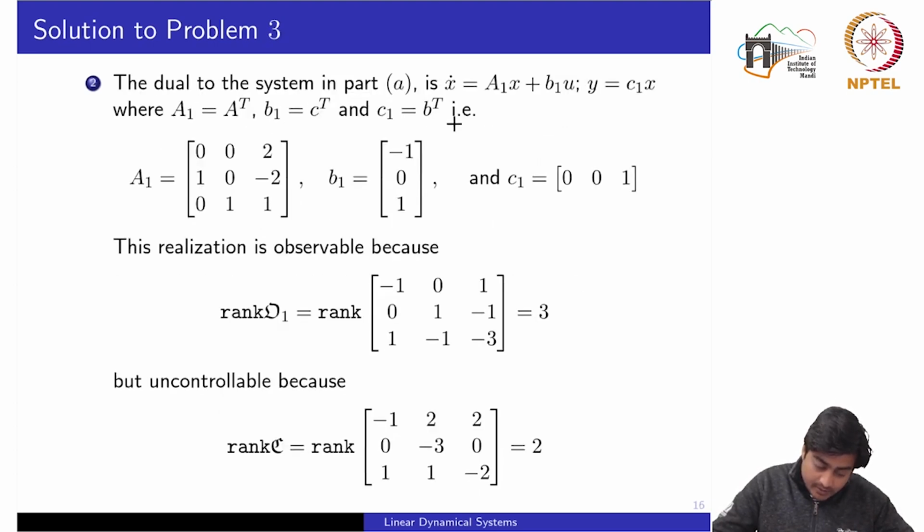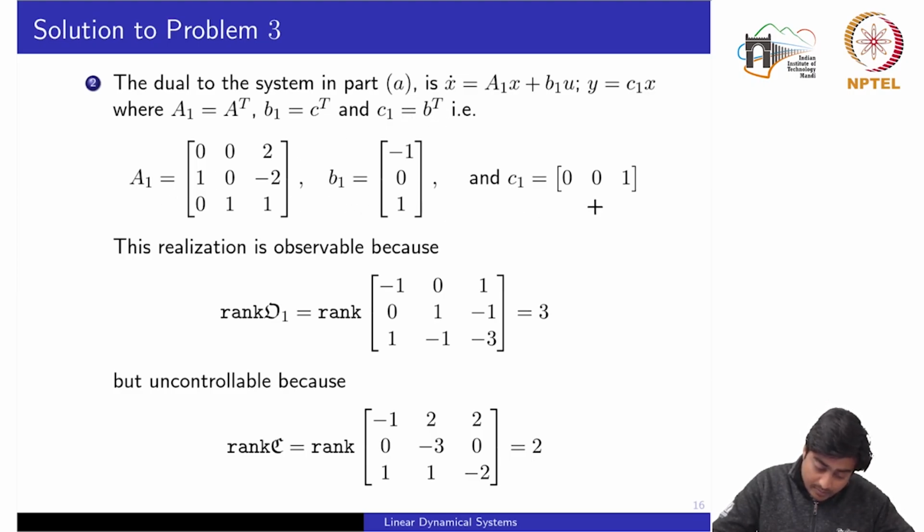The second part we could solve straightforwardly by taking the dual form of the system, that is replacing the A matrix by its A transpose, the B matrix by the transpose of the output matrix of the first system, and the output matrix by the transpose of the input matrix of the first system.